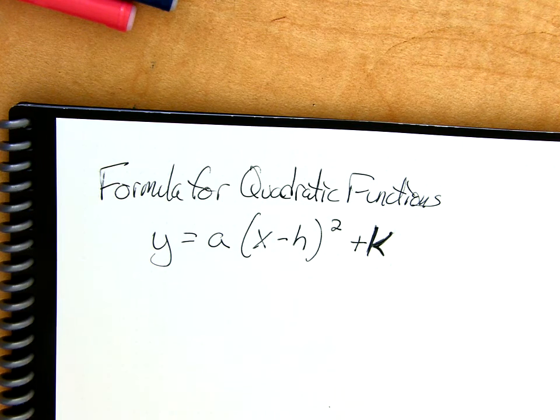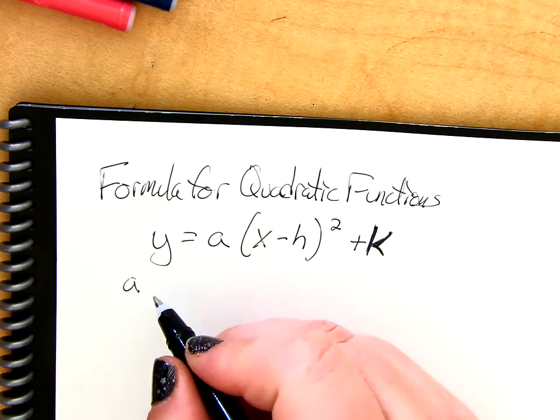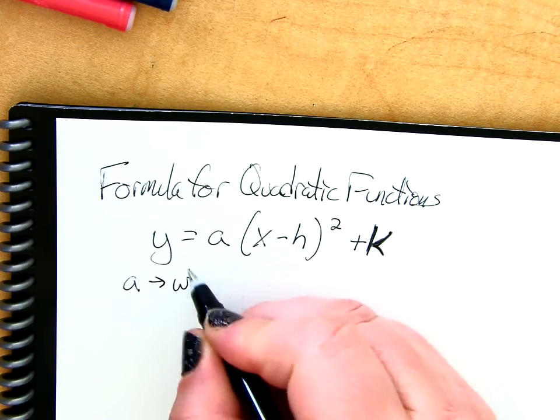A, you already know A from way back when. A told us wide, narrow, and it also, remember if A was positive or negative, that did something? What happens if A is negative? It's flipped upside down, right? So if I ever have a negative A value, any of my parent functions would just flip upside down. All right, so A, same thing as it's always been.